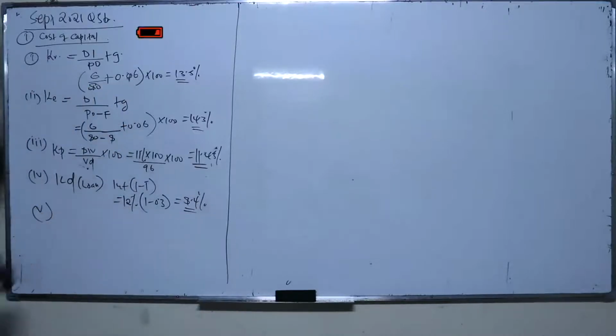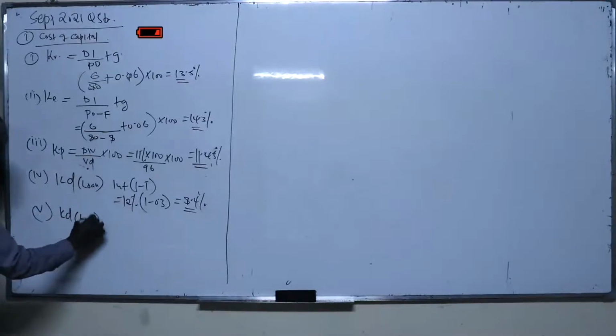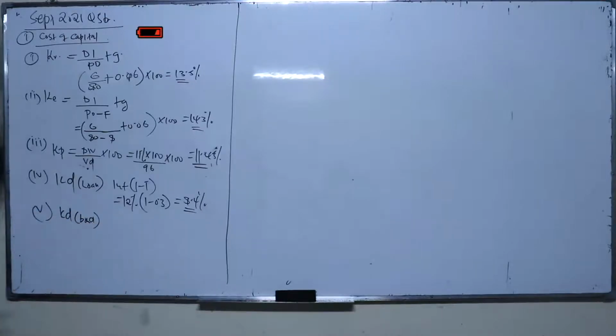Then here we have what we call KD bond, KD. So the KD stands for bond and loan. So the bond, we are going to check the kind of bond we have or the debenture. The bond we have here is redeemable. Ready?